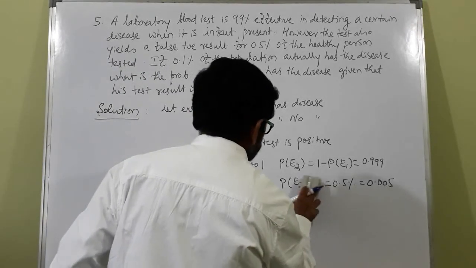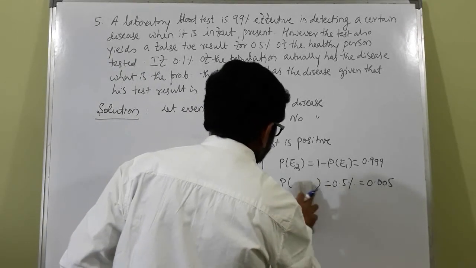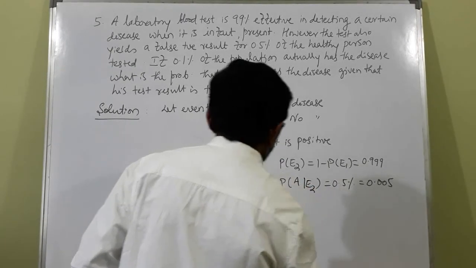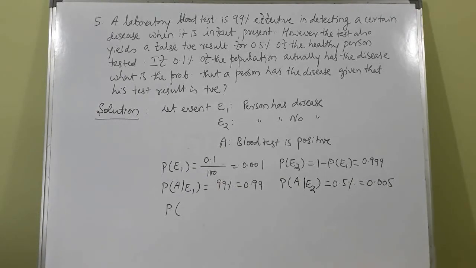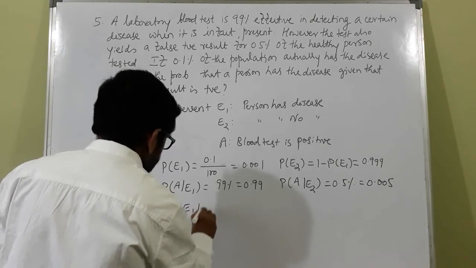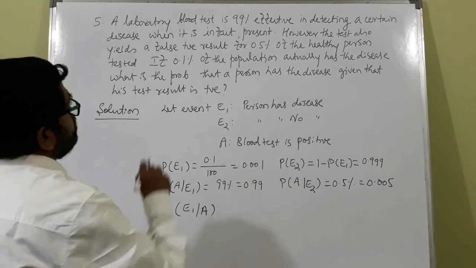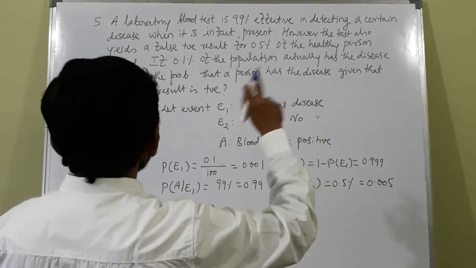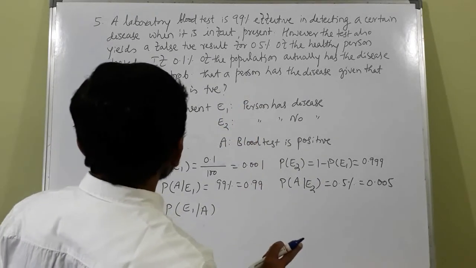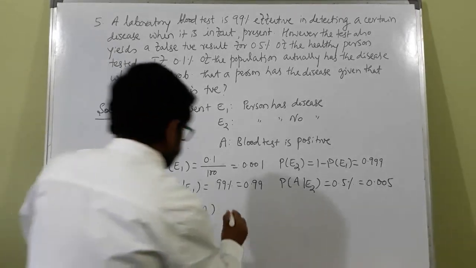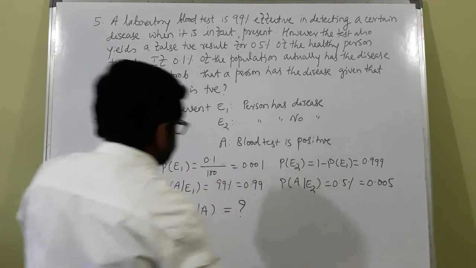Here also the test report is positive when the person has no disease. Okay, so probability of E1 given A. What is the probability that a person has the disease given that the test result is positive? This is what you have to find.